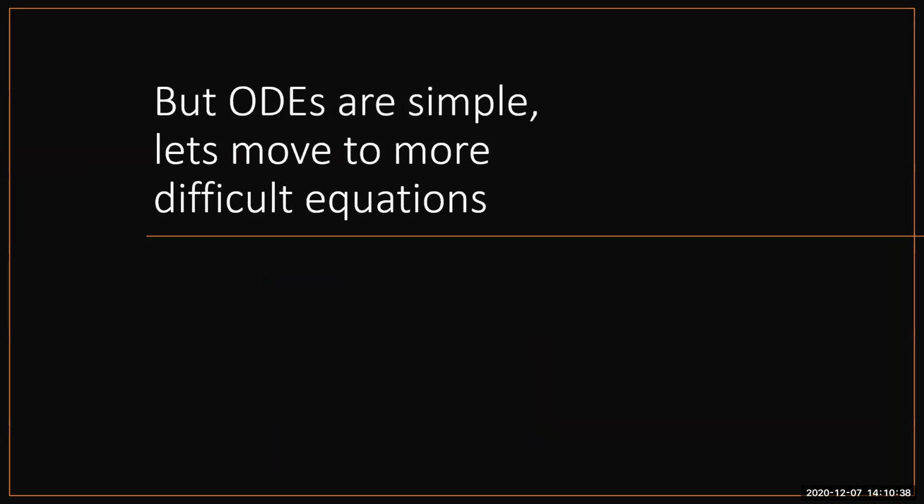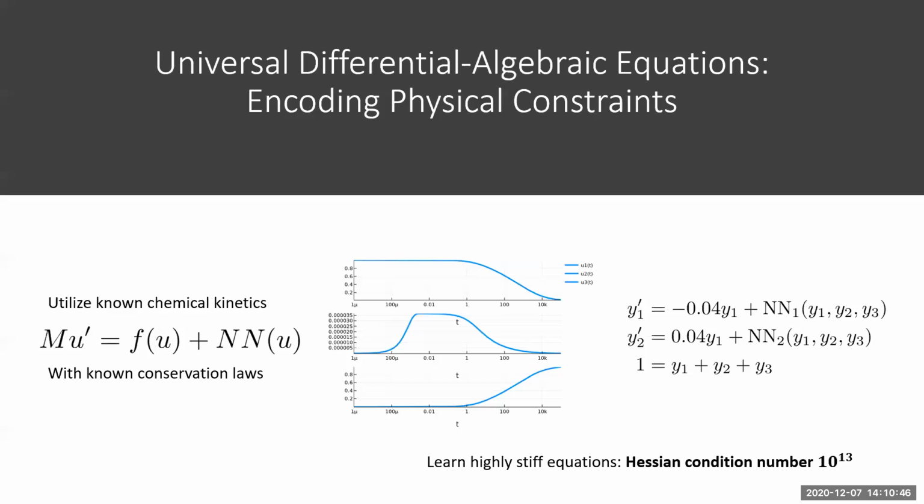So that was all about discovery of ordinary differential equations. Now let's move on to something more difficult than ordinary differential equations. The first step that I always like to take is the differential algebraic equation, because there's always a question about how you can encode physical constraints in a machine learning framework. And using this kind of idea gives you a fairly flexible way to choose whichever constraints you want, right?